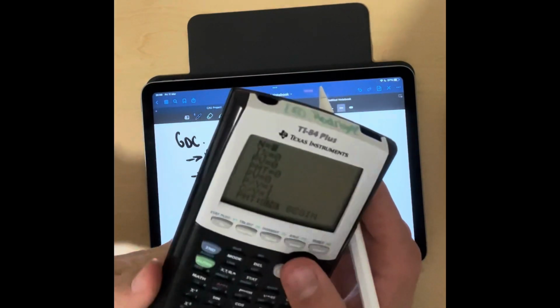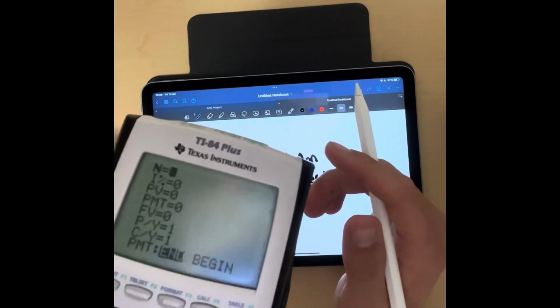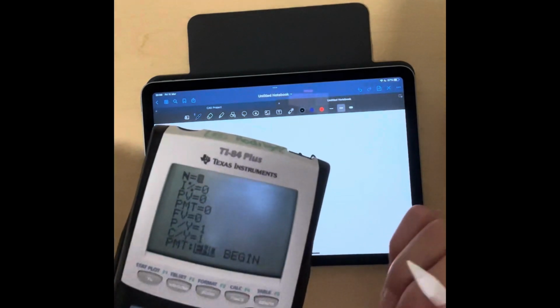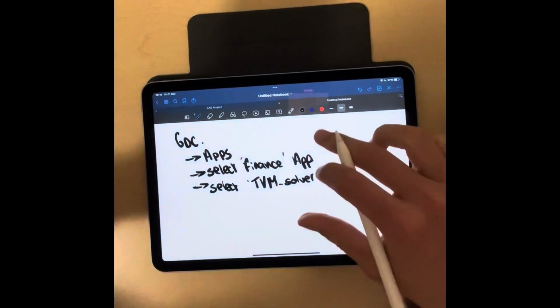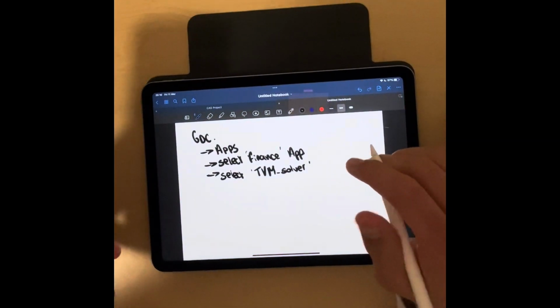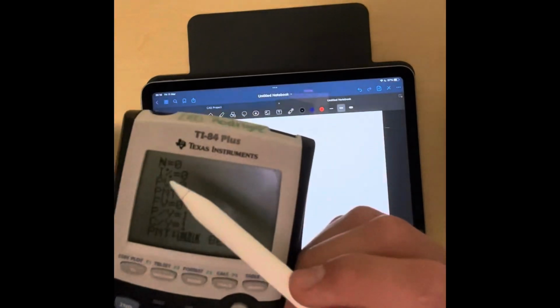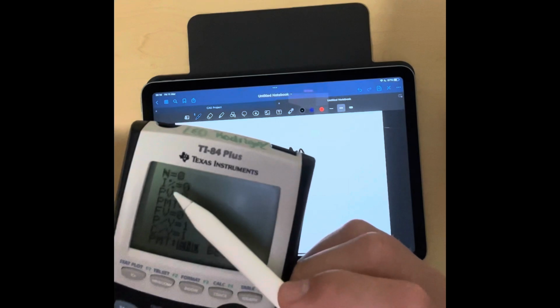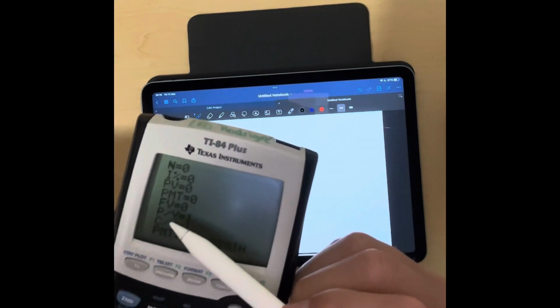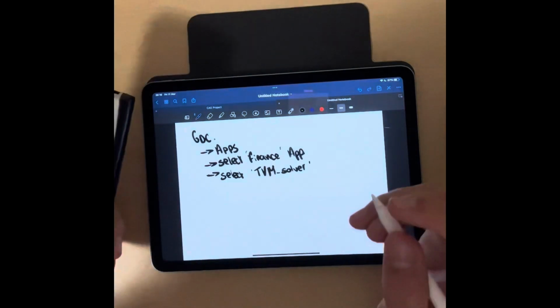All right. Once you're here, you see all these numbers or letters, and I'll quickly write these down while I tell you guys what they are. So if you want to, you can take a screenshot. Here, so you see N, you see I and the percentage symbol, PV, PMT, FV, PY, CY. So this is simple, right?